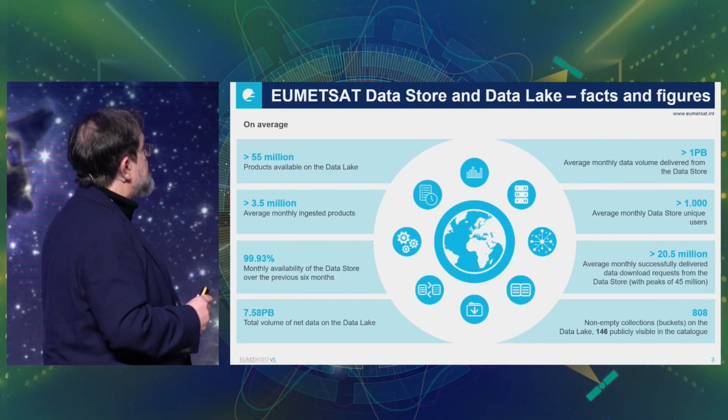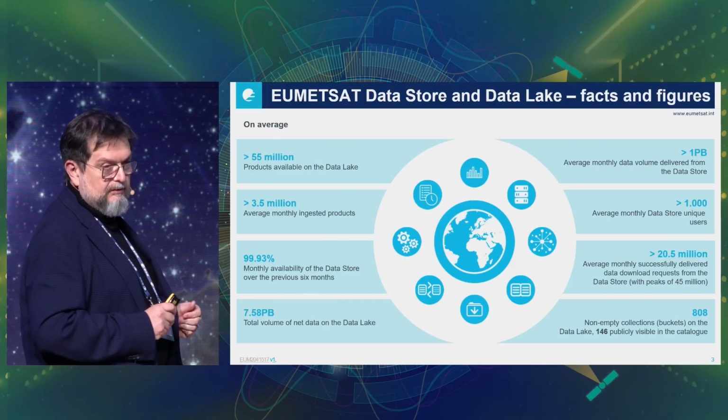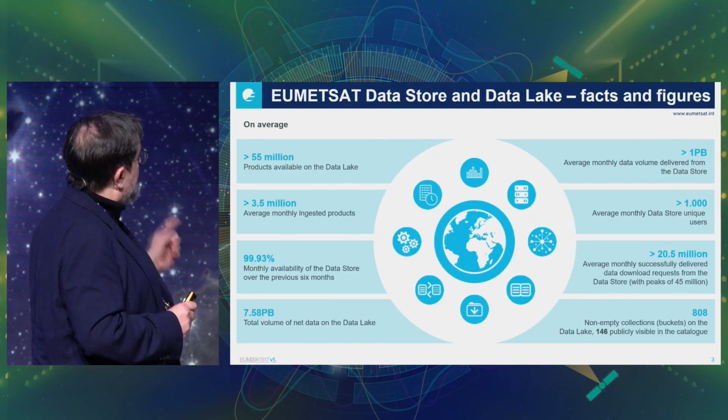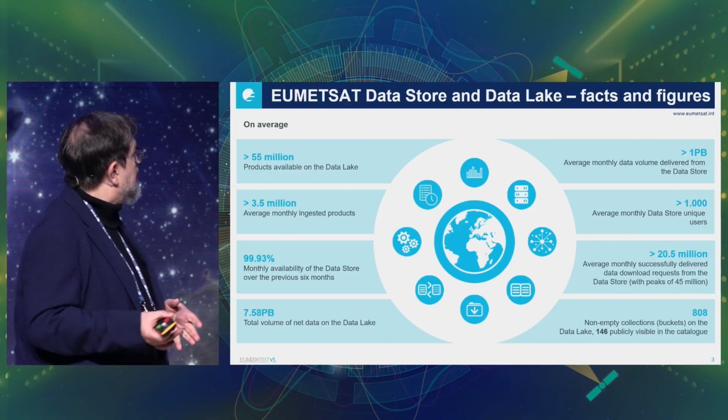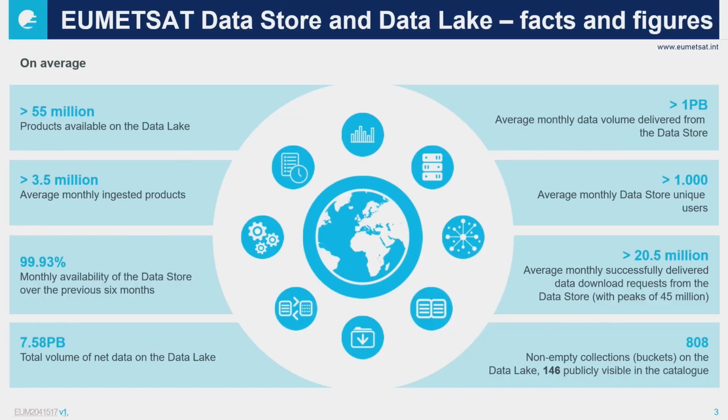Some facts and figures. We have more than 55 million products available on our data lake. Every month, we ingest more or less 3.5 million products. This means that we now have 7.5 petabytes of data stored. Not all are available, because not all are user products, so there are also internal products, with an availability of more than 99%.